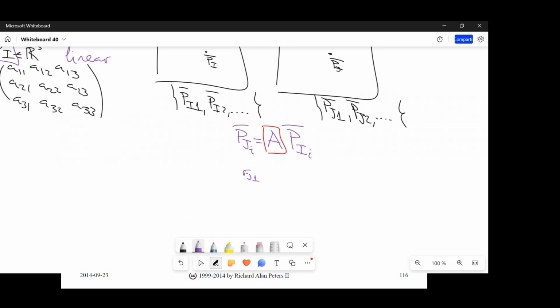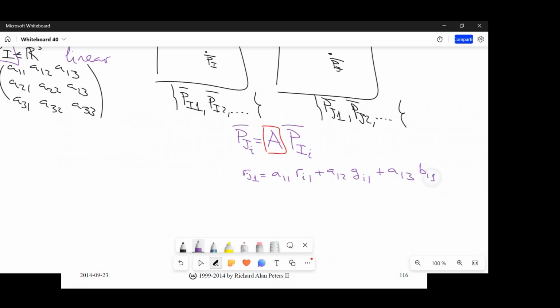The red output is A11 times the input red, plus A12 times the green, plus A13 times the blue.